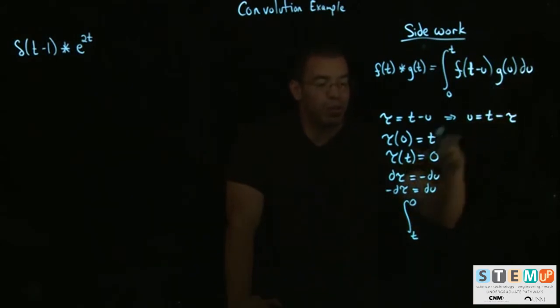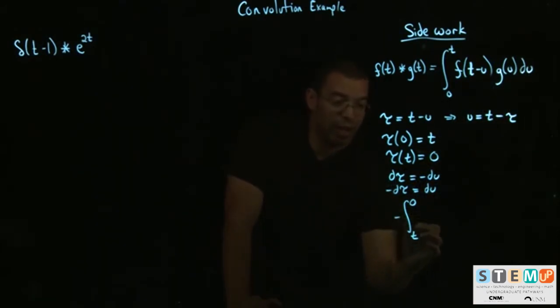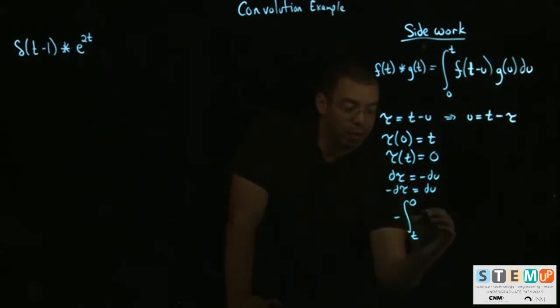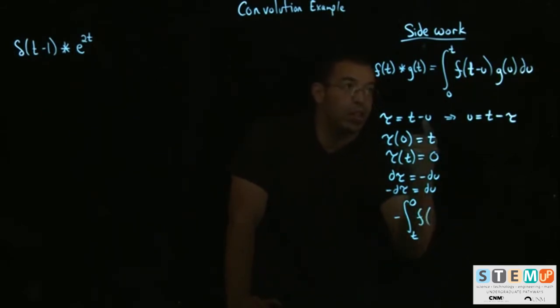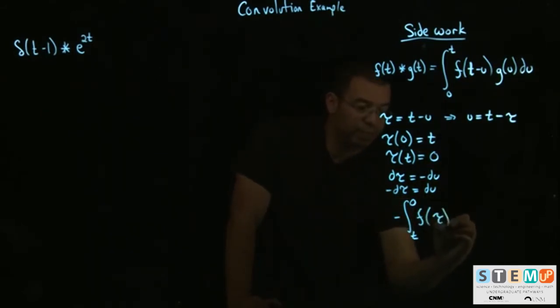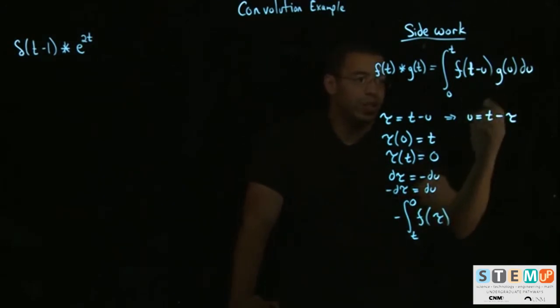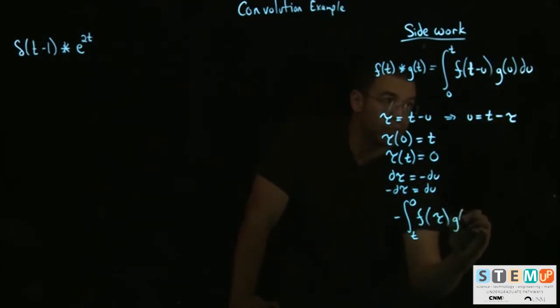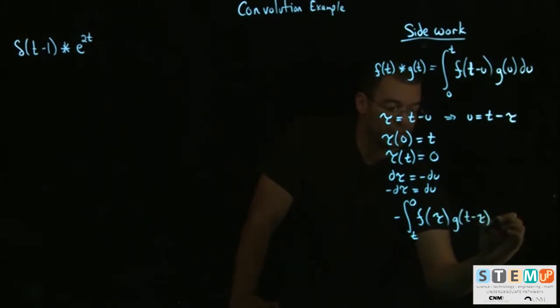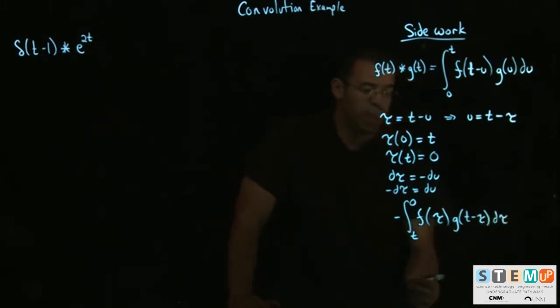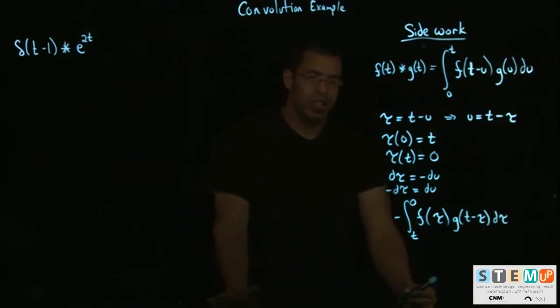And my du I'm replacing with negative d tau, right? So negative f of t minus u is just tau. And then g of u is t minus tau d tau.